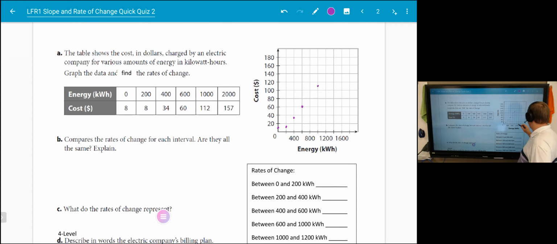And then 2,000 goes to 157. Right about there.